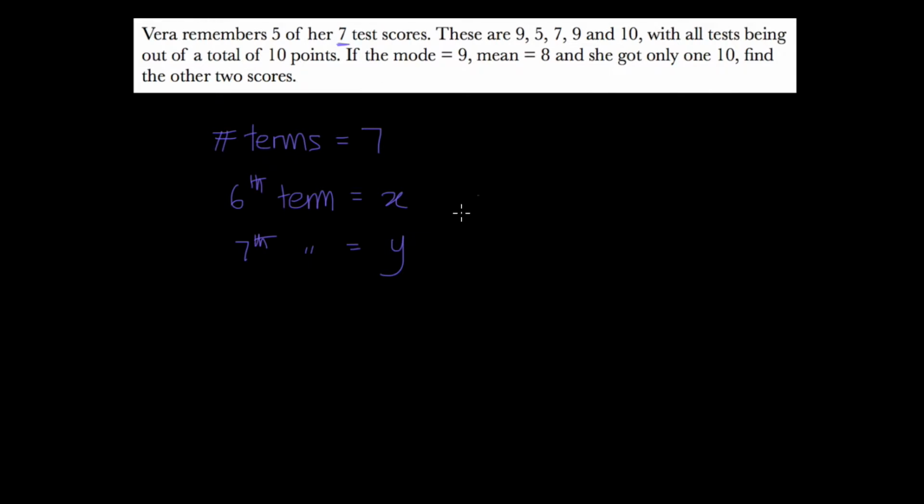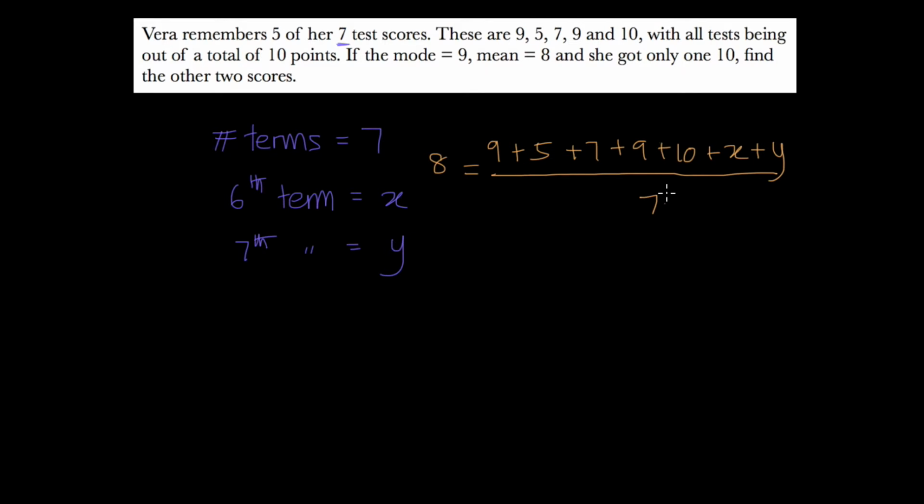So the 5 scores are 9 plus 5 plus 7 plus 9 plus 10, plus the 6th one is x, plus the 7th one is y. Divide that by 7, and this is basically what we do to get the mean, and we know that equals 8, right?